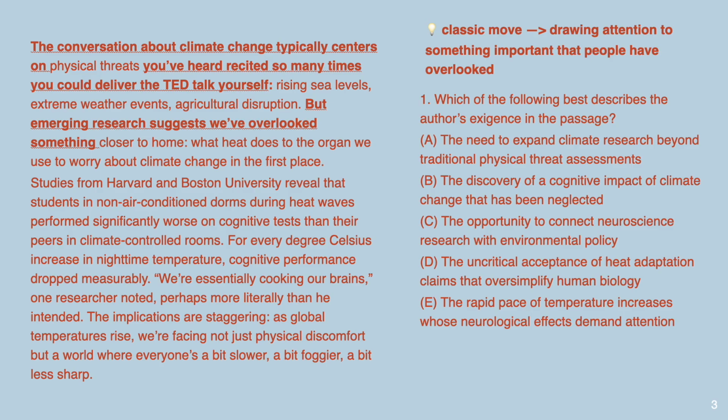So instead of using process of elimination, I am anticipating that the correct answer should say something about an overlooked concern. Choice B matches the discovery of a cognitive impact of climate change that has been neglected. Some students pick choice A, but that's not about expanding research. It's about paying attention to research that already exists.